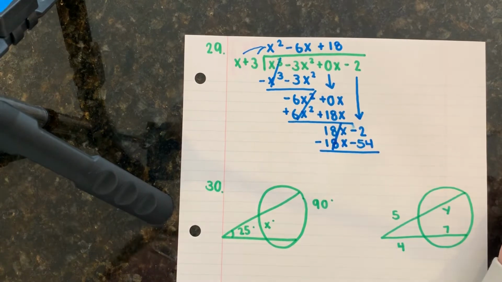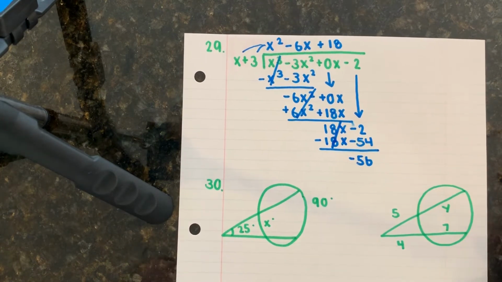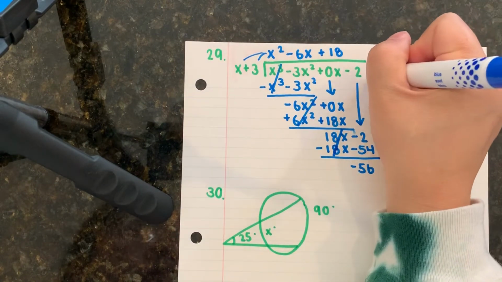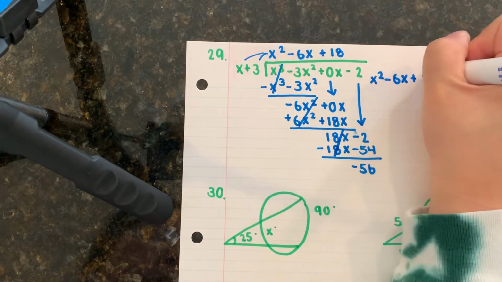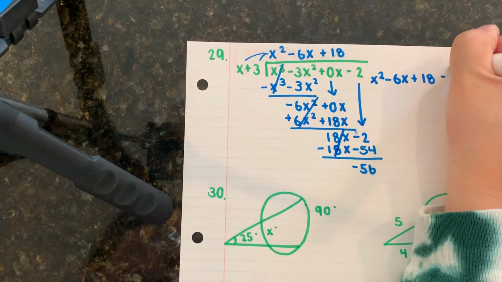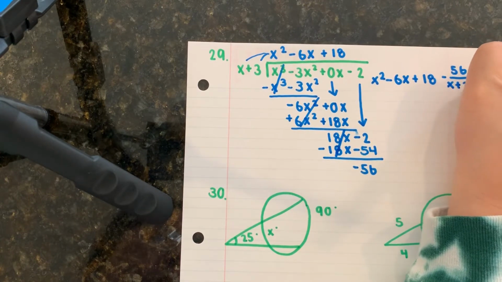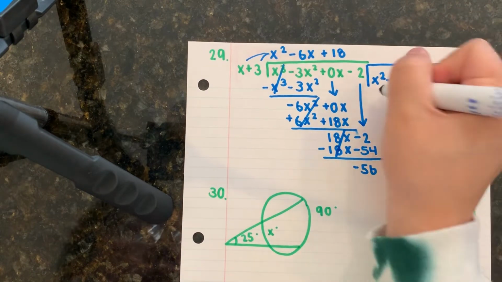So our 18x's are going to cancel, and you're left with a remainder of negative 56. And you're going to put your remainder over x plus 3. So your answer is going to be x squared minus 6x plus 18 minus 56 over x plus 3. And that would be your answer.